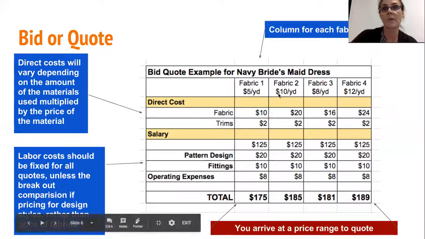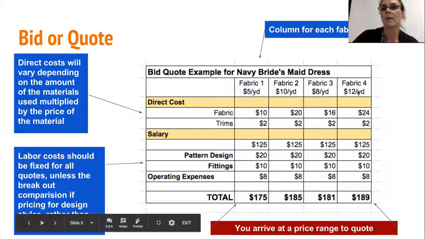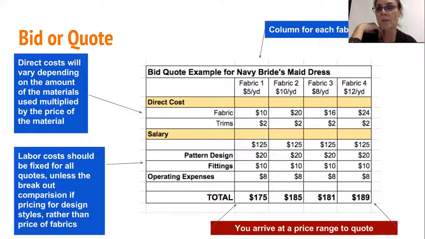But if you're using fabric two at $10 a yard, you still need 2 yards. Well, that's $20 already into the price of the dress. If you go over here, fabric four, that's even more. That's $12 a yard, and 2 yards in the dress.